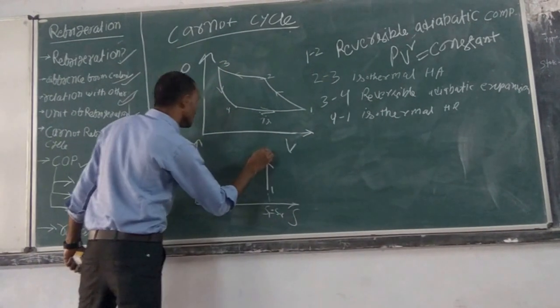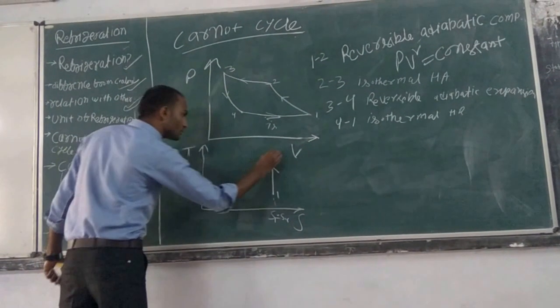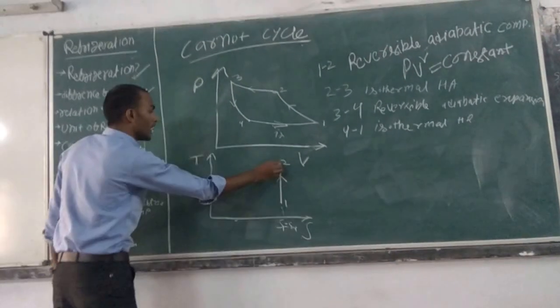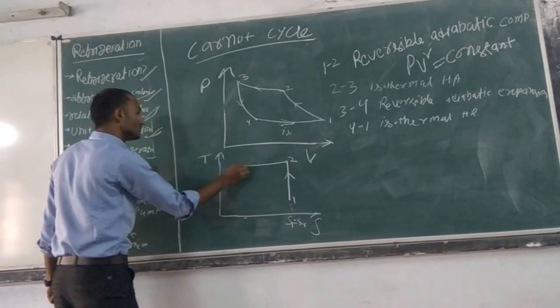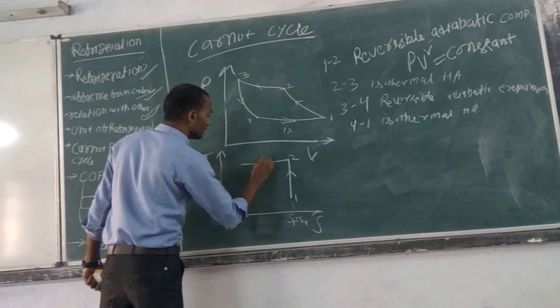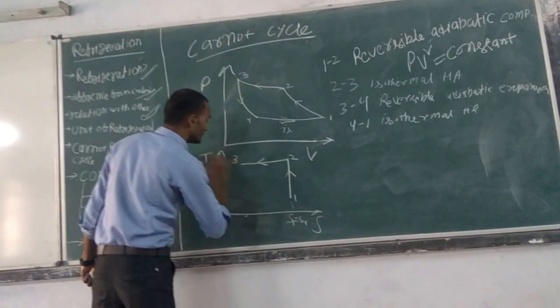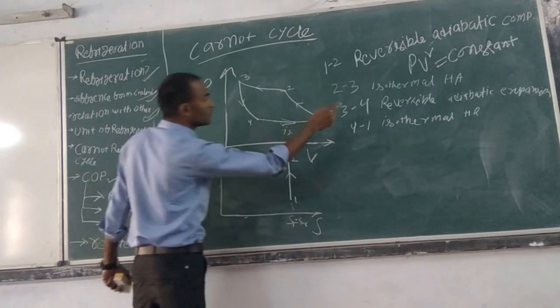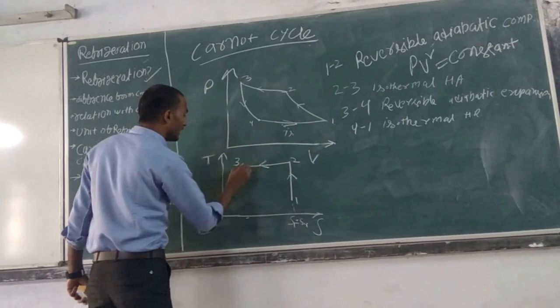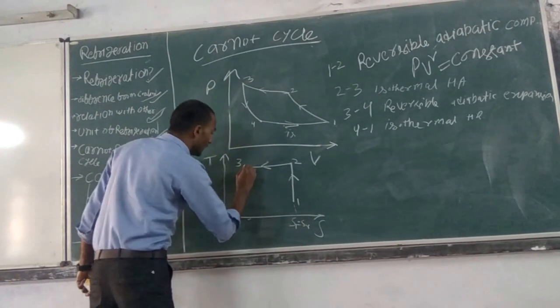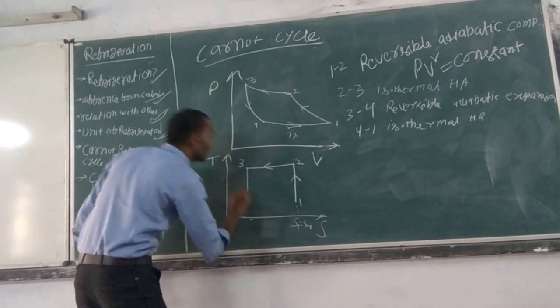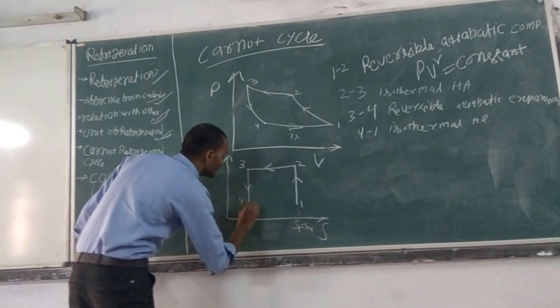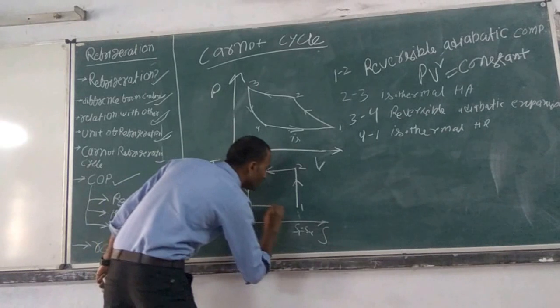And the process from 2 to 3, isothermal, is also a straight line because isothermal processes are straight lines in the TS diagram. And then from 3 to 4 again it goes down like this, and then 4 to 1.